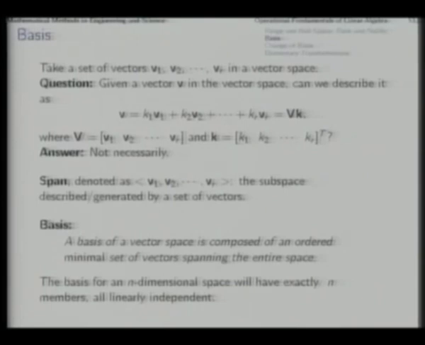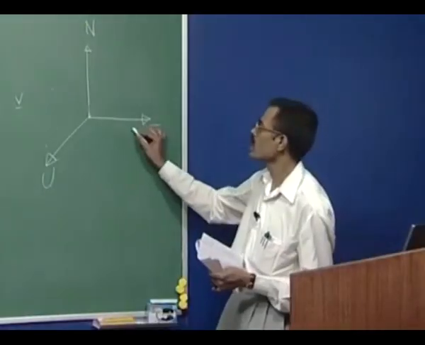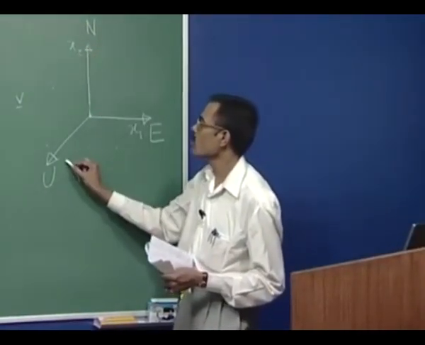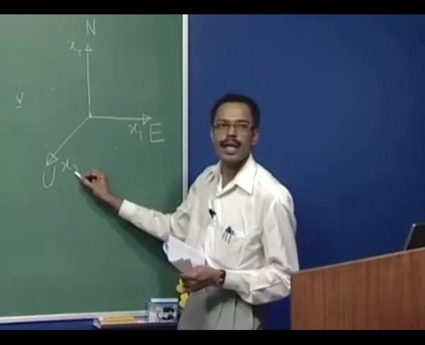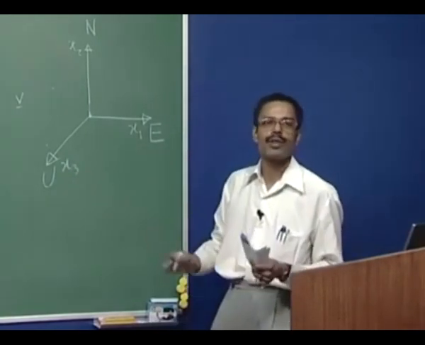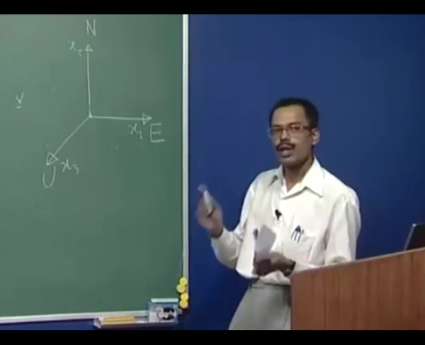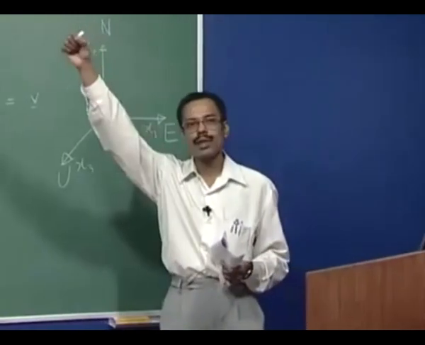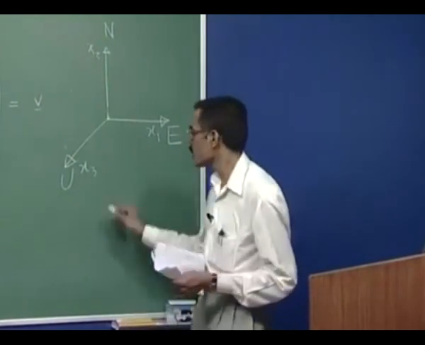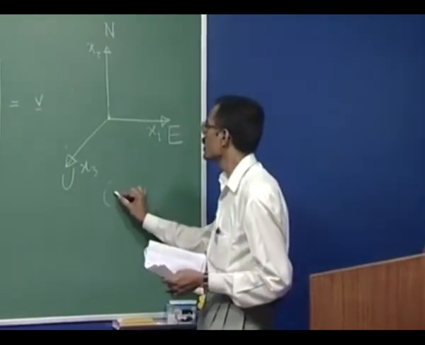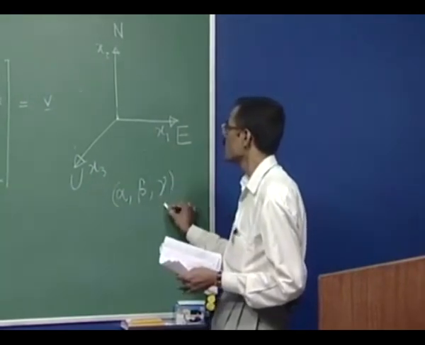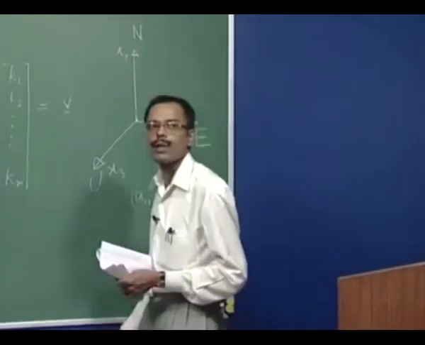Finally, we need to order them. We have to say east is our first coordinate, north is our second coordinate and up is our third coordinate. As we do this, our job of forming the basis is complete, because now when we say that the coordinate of a particular point in the atmosphere happens to be alpha, beta, gamma, then the description is completely known.